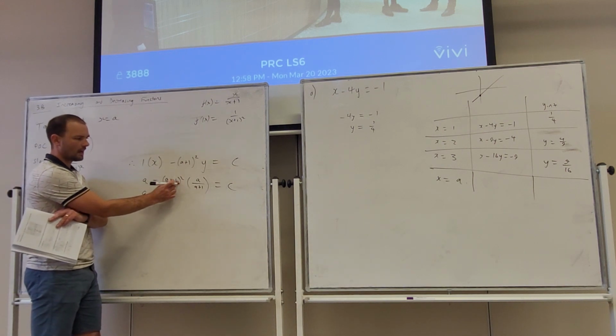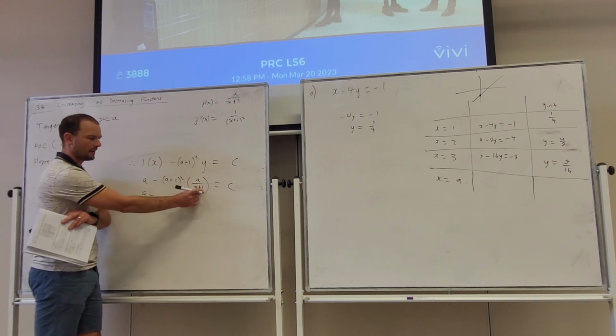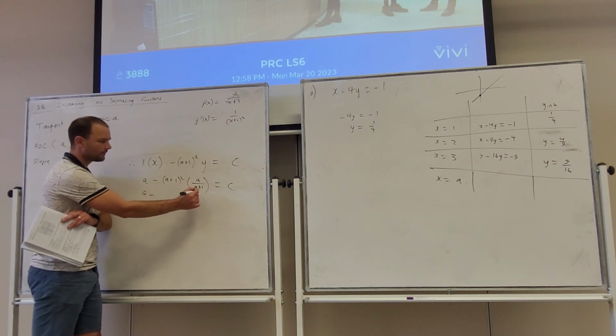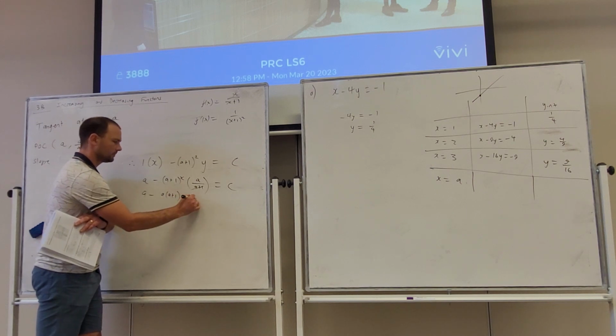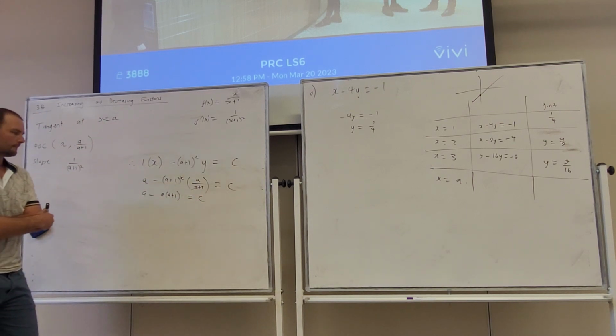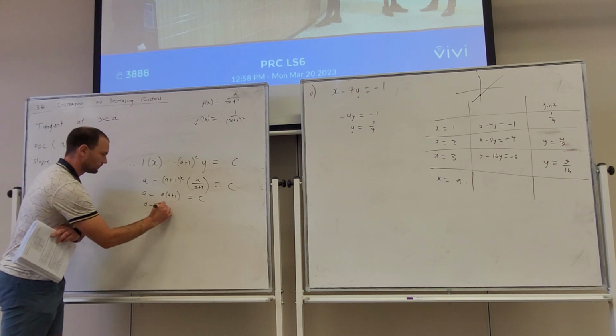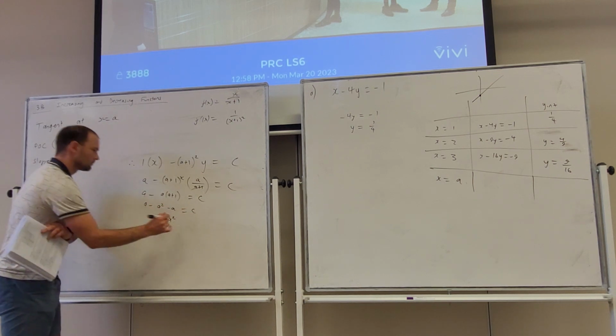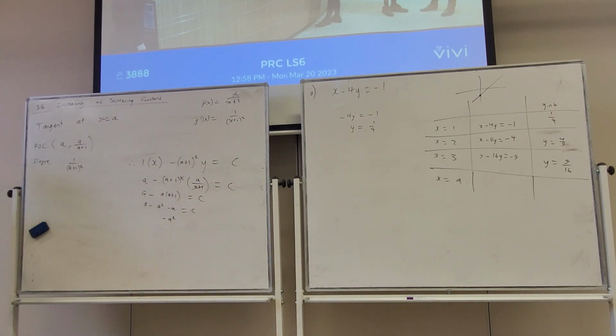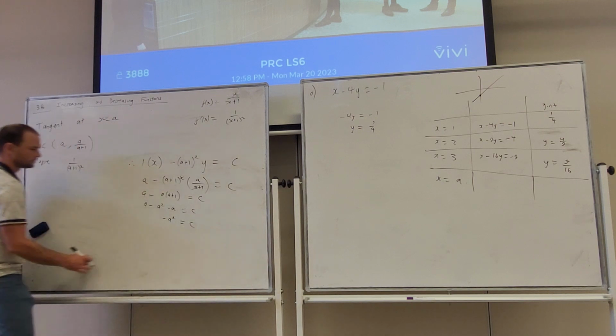Now here I've got a plus 1 at the top and a plus 1 at the bottom. So one of them is going to cancel. So we're left with a times (a plus 1) at the top. Alright, so we've got c is negative a squared.